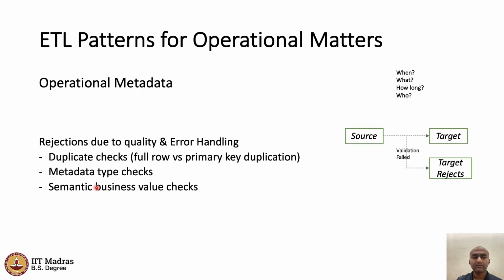The third category is that there could be semantic quality issues. So, semantic business value checks could be taking place, and that results in quality invalidations. The example here is the payment table itself. The payment amount can never be negative. At least the business scenario does not permit it.